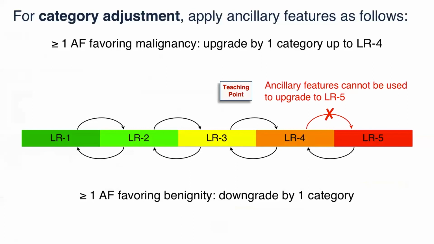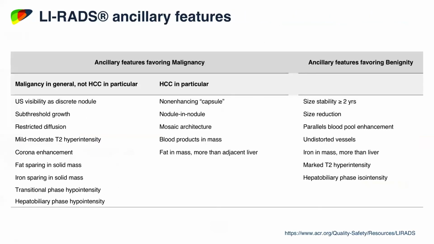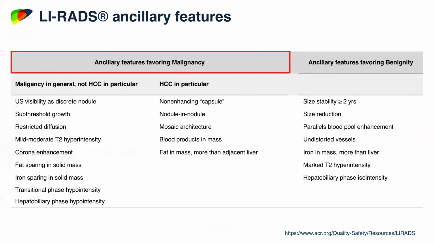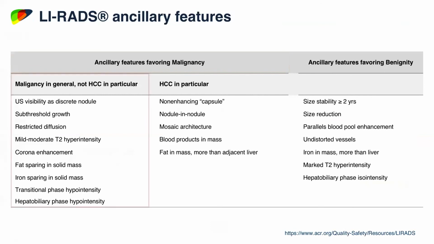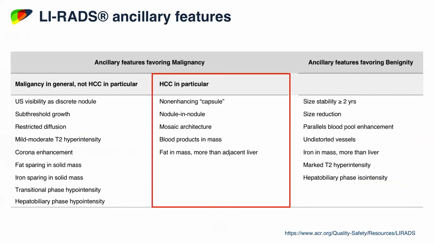Now, that's if you have ancillary features favoring malignancy. Sometimes we have ancillary features favoring benignity, and these can be used to downgrade by 1 category, but only by 1 category, not by 2. So here is a list of the ancillary features favoring malignancy, and these can be divided into those that favor malignancy in general, for example, growth or restricted diffusion, as well as features that favor HCC in particular, such as nodule in nodule or mosaic architecture.